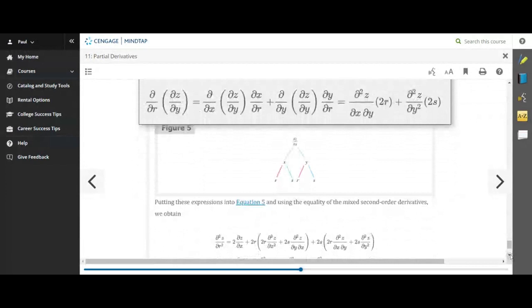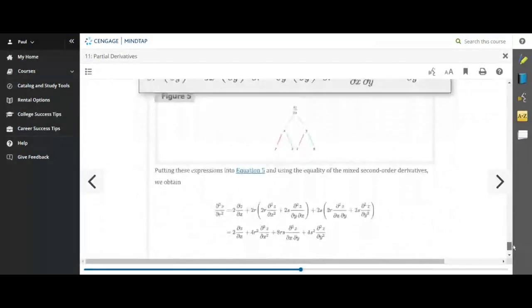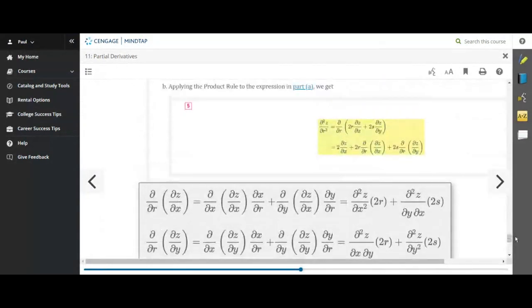And then based on those chain rules, they substitute the two chain rules in the highlighted box back into the formula highlighted in yellow.